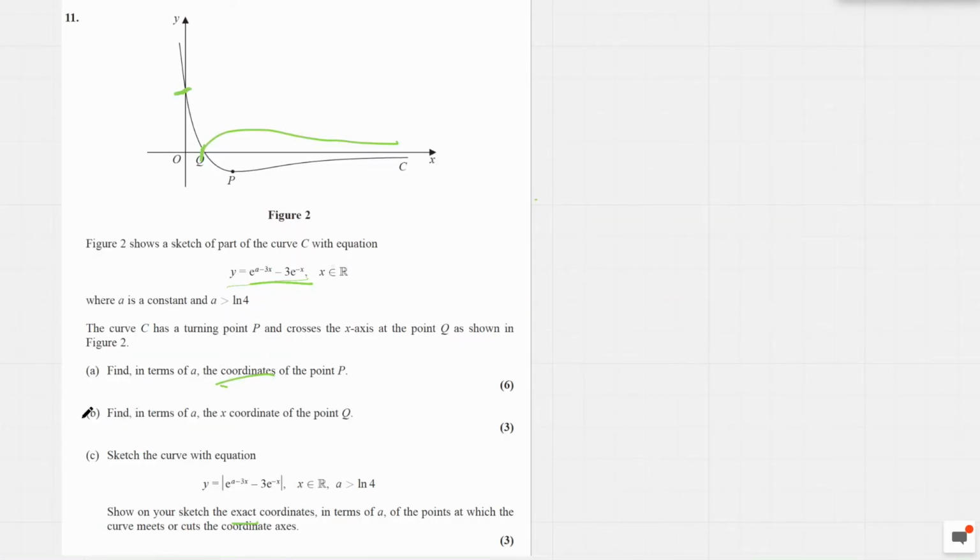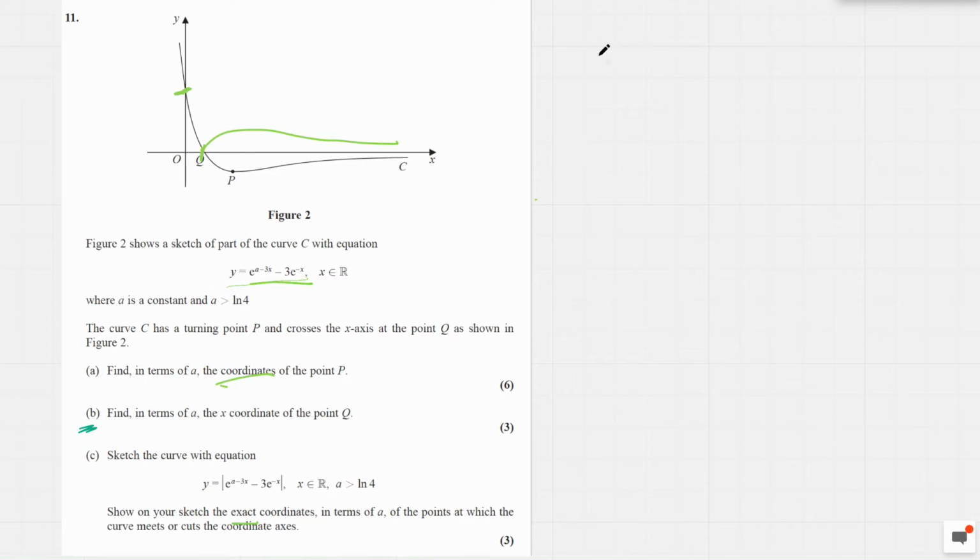Now in part B, we have to find in terms of a the x coordinate of the point Q. To find point Q, we know that at Q, y equals 0 because it crosses the x-axis. So we can say that e^(a − 3x) minus 3e^(−x) equals 0.